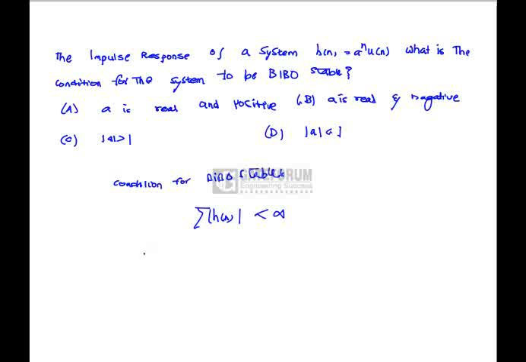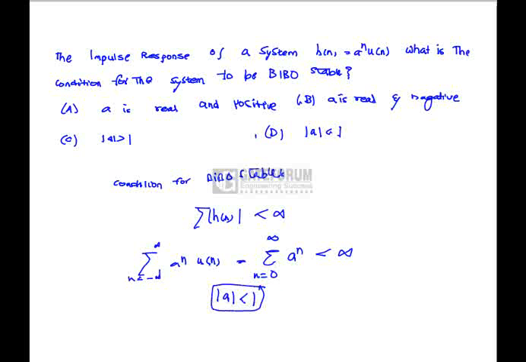So if we substitute a to the n u of n, the sum runs from minus infinity to infinity. Since u of n exists only for non-negative n values, the sum is from 0 to infinity. This is less than infinity if and only if, as n increases, the magnitude of a is less than 1. Hence option D is correct.